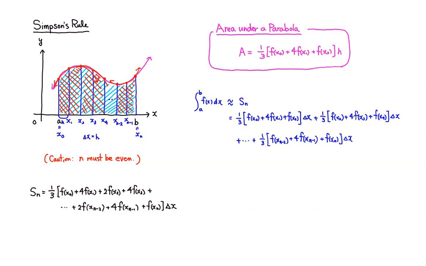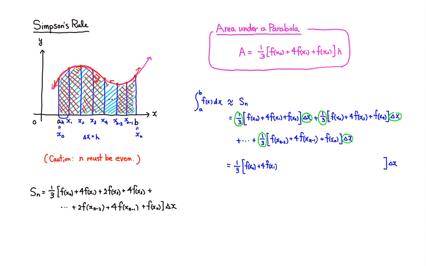You can see that we can simplify this, since every term has a 1/3, so we can pull out the 1/3. Every single term also has delta x at the end, so we can put delta x at the end. Then we have f of x0 plus 4 times f of x1.